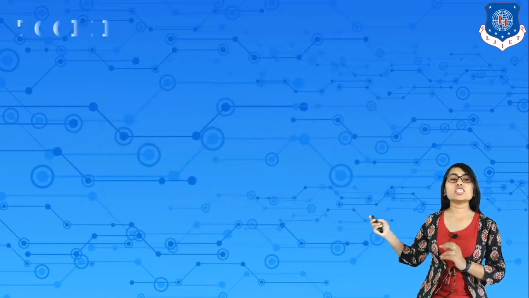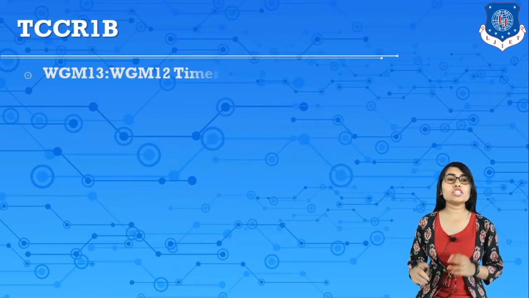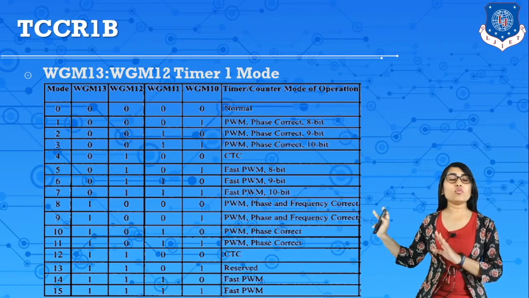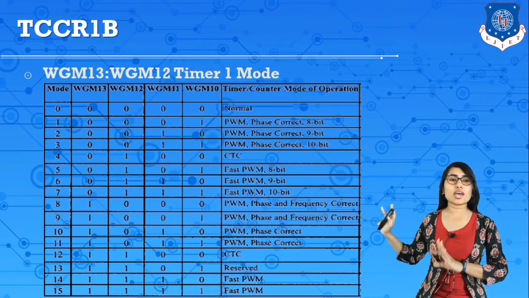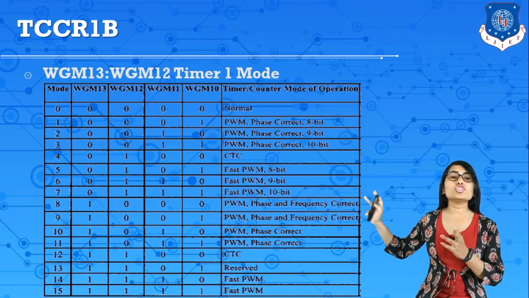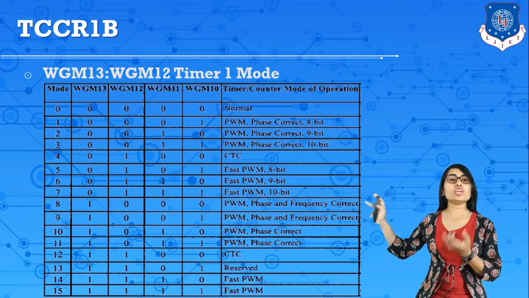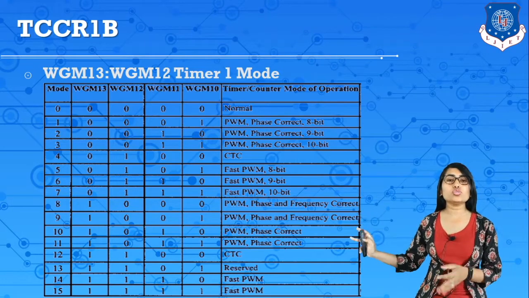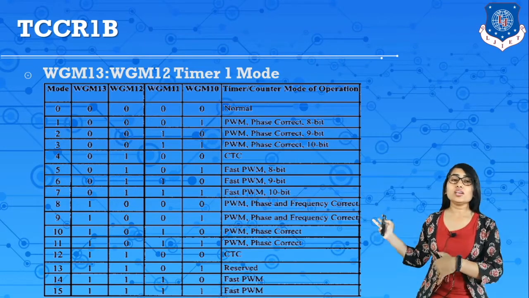Next are the WGM bits. Here we have a table. In this Timer 1 there are many modes. WGM13, WGM12, WGM11, WGM10, all these bits are used to select a total of 16 modes.